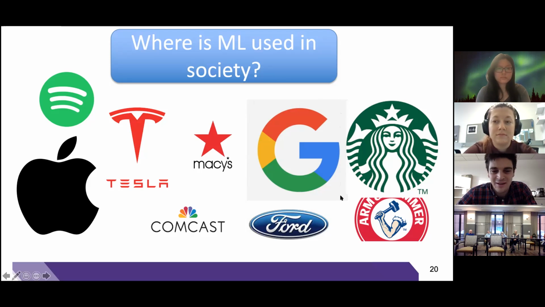What is he most likely to click on and then buy? So that's the reason why this has only come into society fairly recently. These ideas about machine learning have existed since, I believe, the 70s, but they're only recently becoming very applicable.